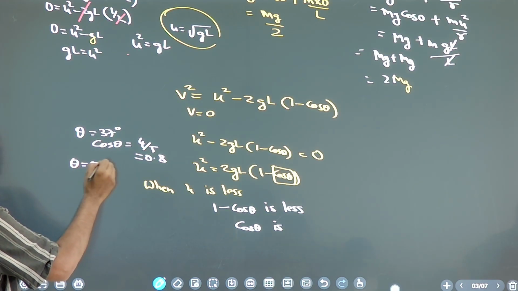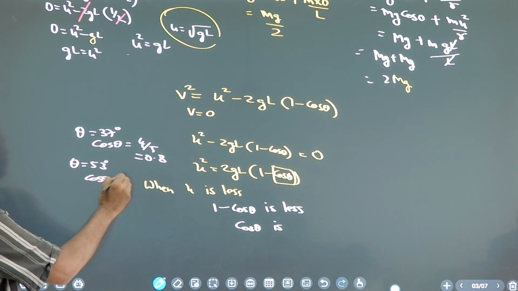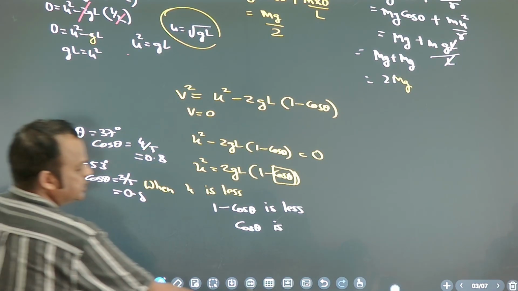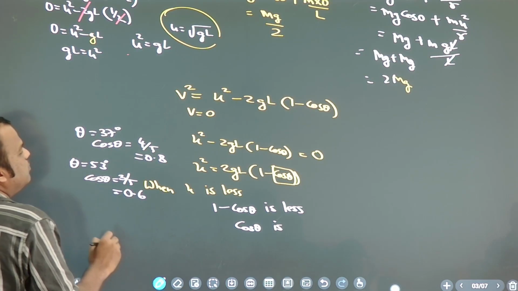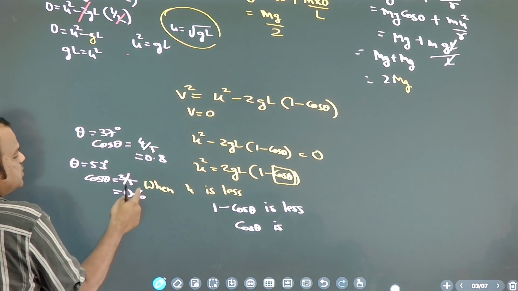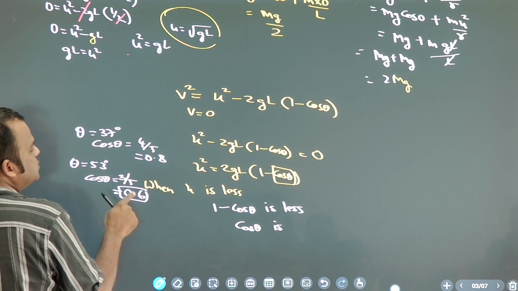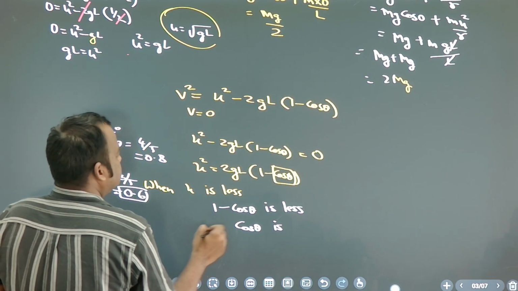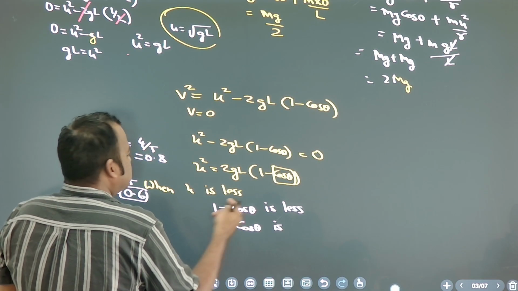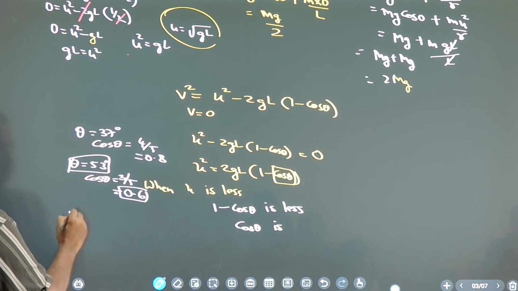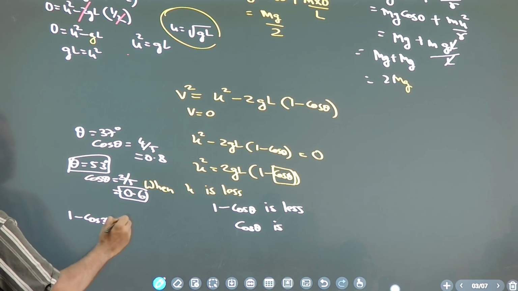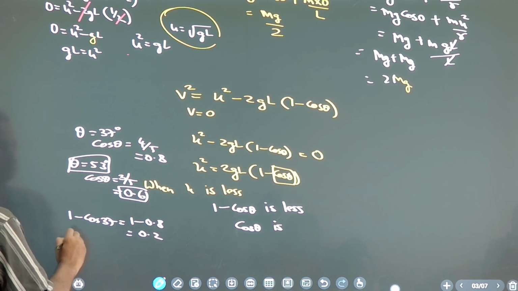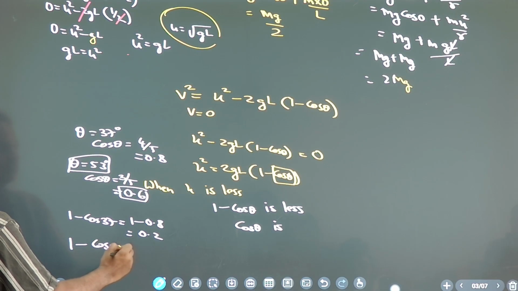Theta is equal to 53°. What is cos theta? 3 by 5 means 0.6. So when cos theta is less, theta is more. So 1 minus cos theta: solve. What is 1 minus cos 37? 0.2. What is 1 minus cos 53?